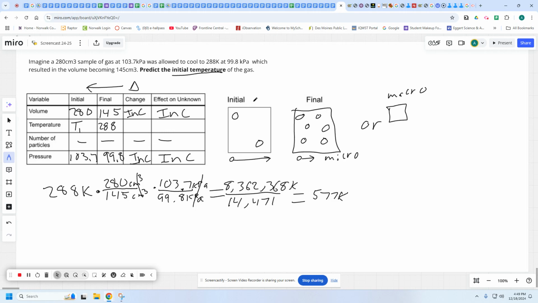So some people might think that this volume in the beginning is 280 milliliters and that it decreases to 145, but since it's kind of macroscopic, you simply track the same original 2 particles. And I'm okay with that.